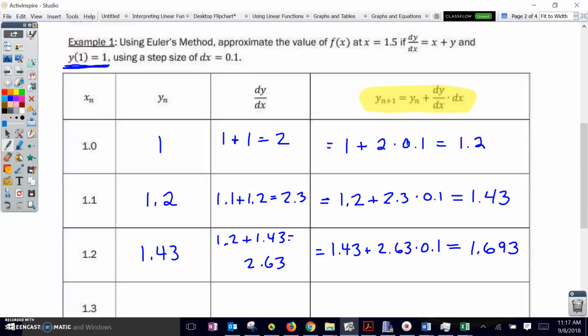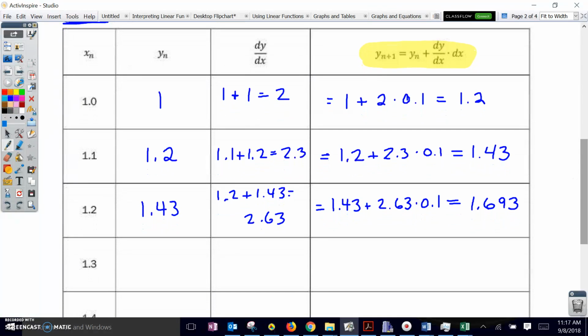As I'm doing this in this example, I keep getting an extra decimal digit every time, so sooner or later I might need to break out my calculator to help me with this. Alright, so now I'm going to find my dy dx, so that's going to be x plus y.